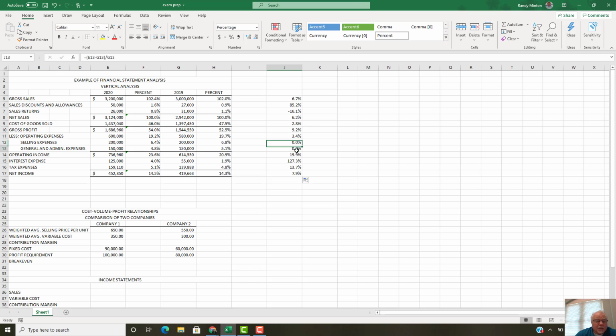And the reason is because this one didn't change because I assumed them to be fixed. Now that probably wouldn't be true in the real world, but it was at least true for this particular example. So it's very easy to do these analyses, in terms of the actual computation. But the real work comes in trying to discover why certain things changed the way that they did.